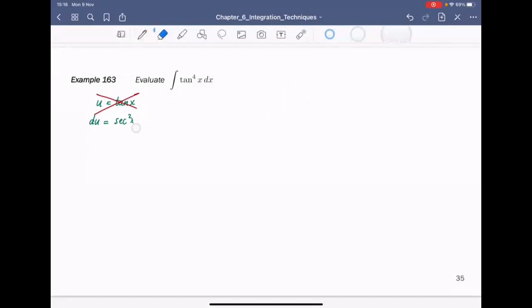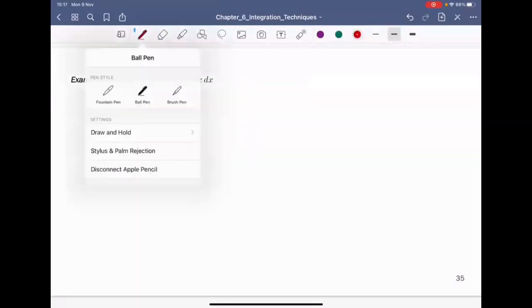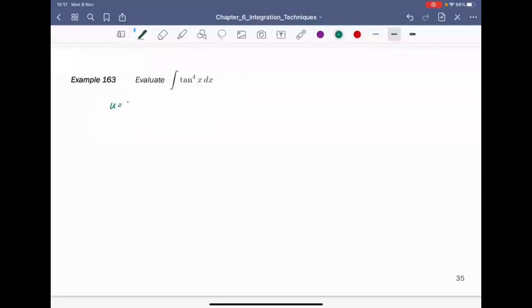So I'm just going to do u equal to secant, and that gives du equal to secant tangent. Someone is going to say, we have the same problem, because if you do this you have tan to the 4th power, and dx is going to be du over sec x tan x. Again, I have secant here.